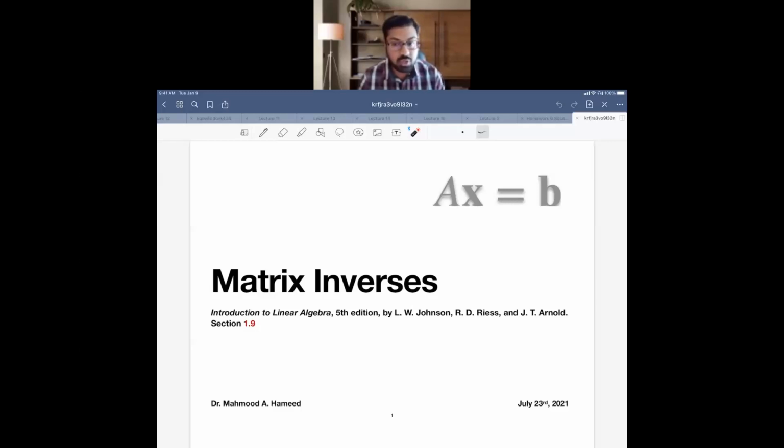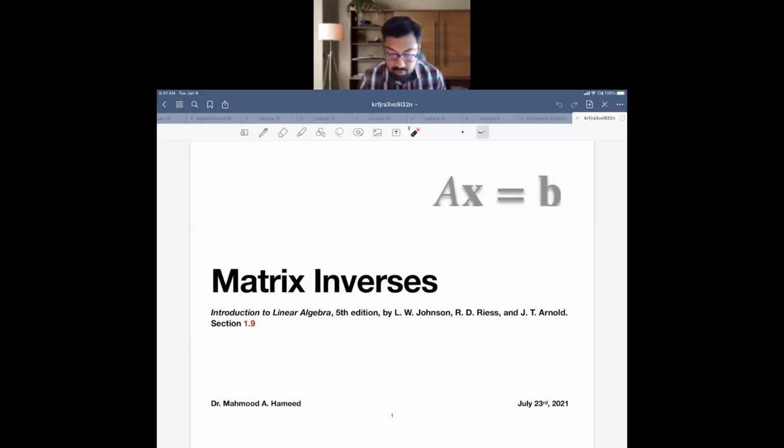Today we'll try to adopt a slightly different method to solve for the vector of unknowns X. So the way we are going to do this is by using matrix inverses. So X can be found by finding the matrix multiplication of A inverse and B. So we are going to learn how to find the inverse of A first, and then we'll multiply that with B to find X. So that's the method that we are going to look at today.